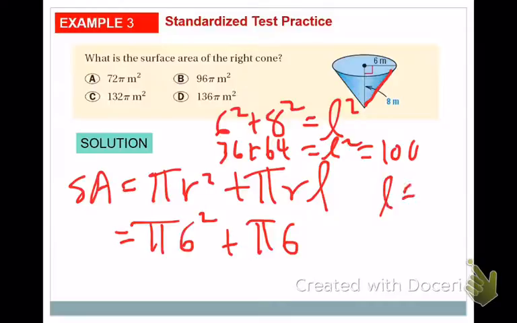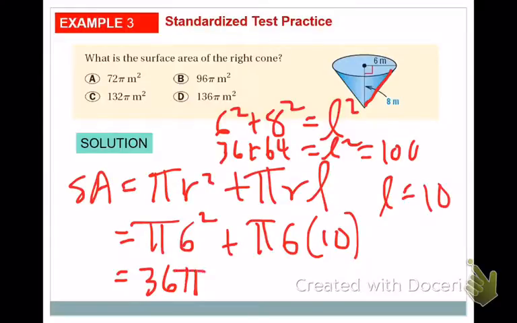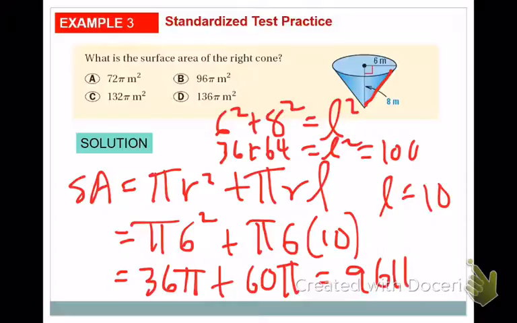So L equals 10, right? So pi times 6 times 10. So we get 36 pi plus 60 pi equals 96 pi m squared.